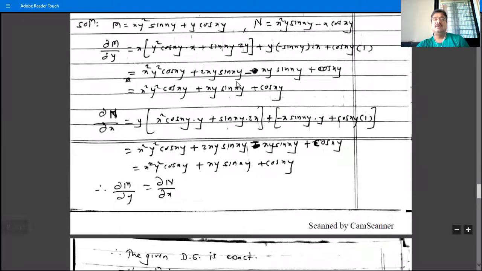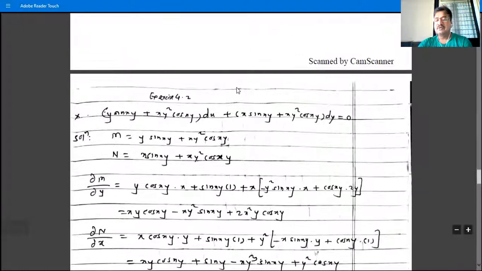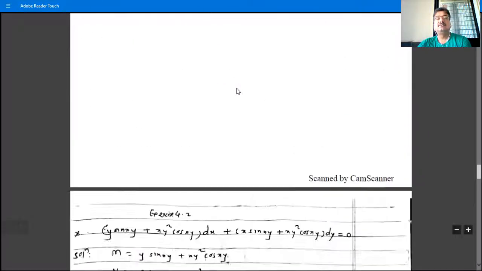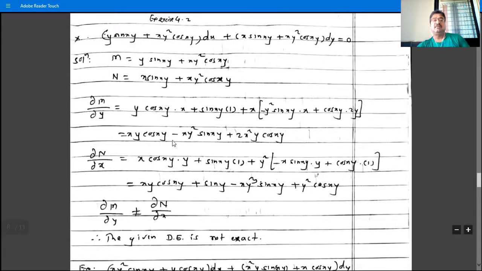So there are 25 to 30 problems to solve on the type exact differential equation. In the previous two lectures, we have seen how we can find the solution of the exact differential equation, and how we can determine whether the given differential equation is exact.